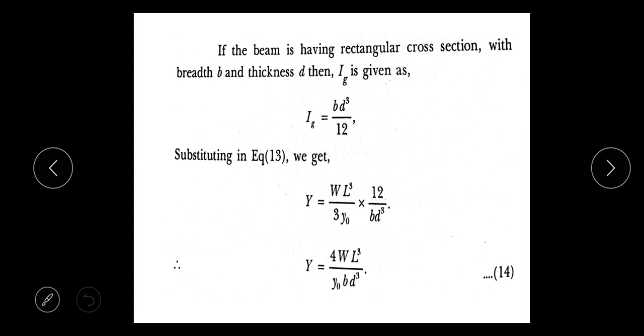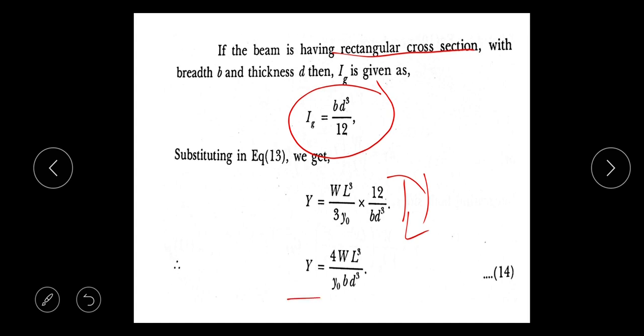Next we substitute for Ig. For a beam of rectangular cross section, Ig is bd cube by 12. Substitute that here. Ig is in the denominator, so 12 goes to the numerator, and b d cube comes to the denominator. So at the end, we write the Young's modulus equation as Y is equal to 4WL cube divided by y naught b d cube, where y naught is the depression produced.